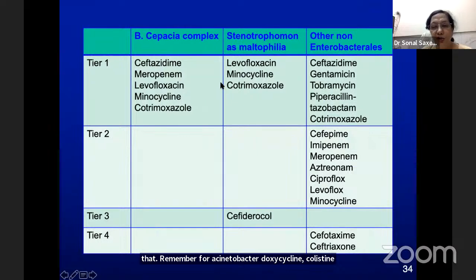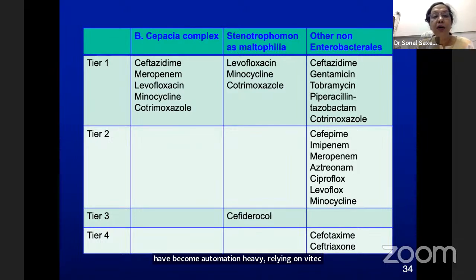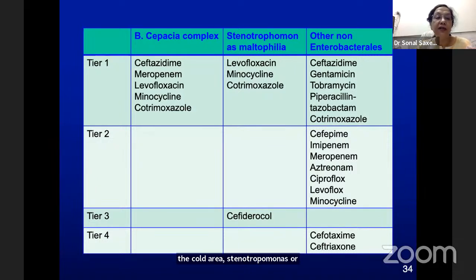Now, certain unusual organisms which we often encounter nowadays, as we rely more on automation and less on your regular machinery of TSI and catalase and coagulase and things like that. We have all become automation heavy, relying on Vitek and MALDI, and we often get Burkholderia, Stenotrophomonas, or other non-enterobacterales.